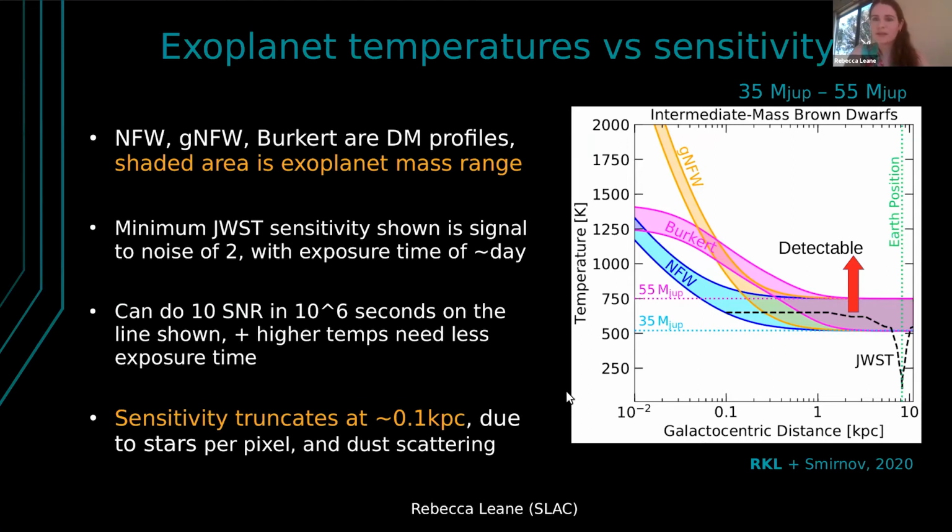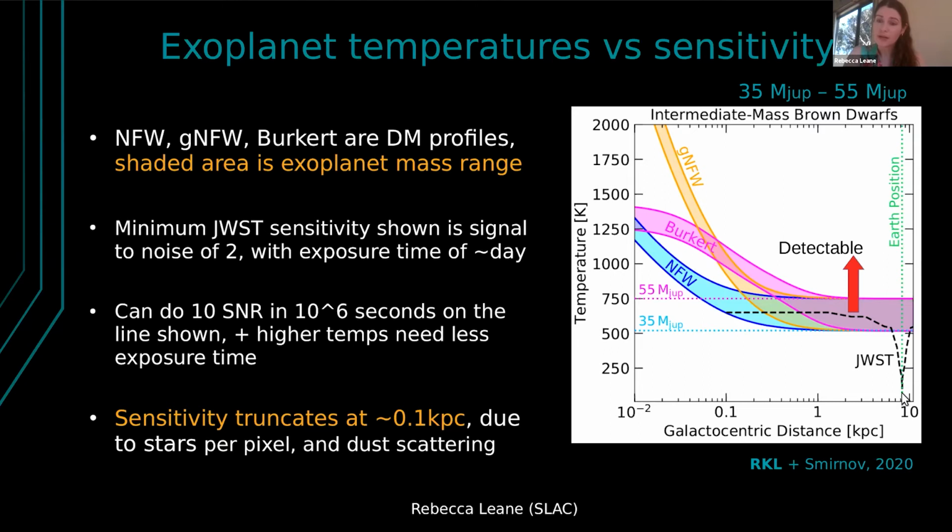Okay, so how does this sensitivity look compared to what we expect as our predictions from dark matter heating? This is what I'm showing you on the right here. I've just arbitrarily chosen a mass range of 35 to 55 Jupiter masses, and this is labeled like the heat power example I showed earlier. On the x-axis, we have distance to the center of the galaxy.